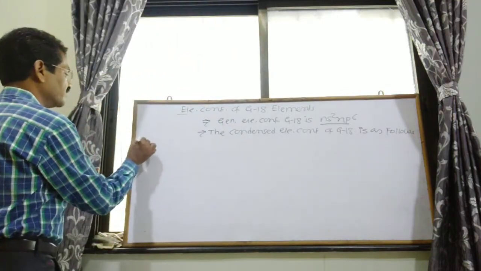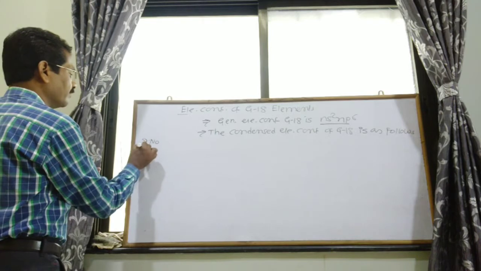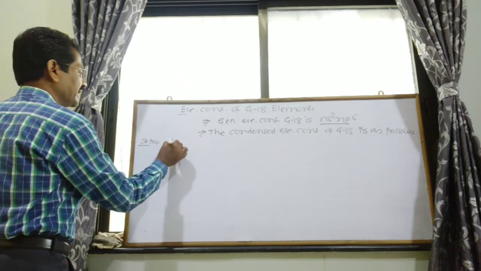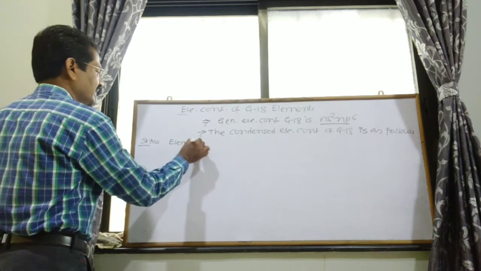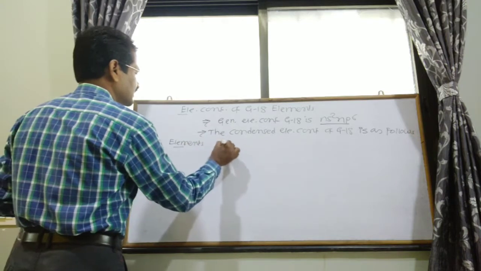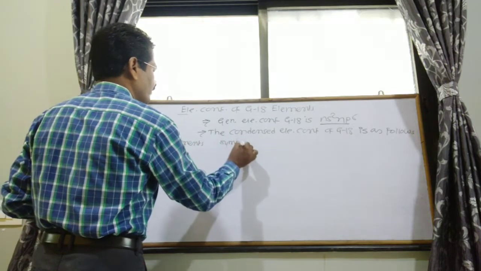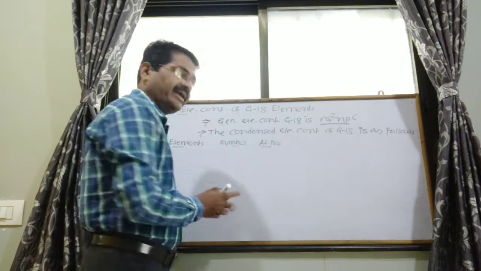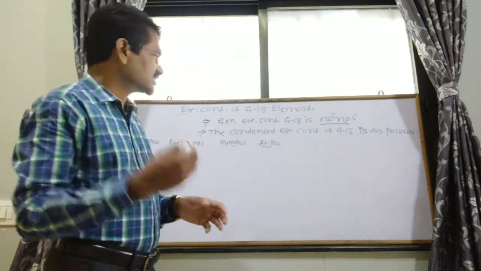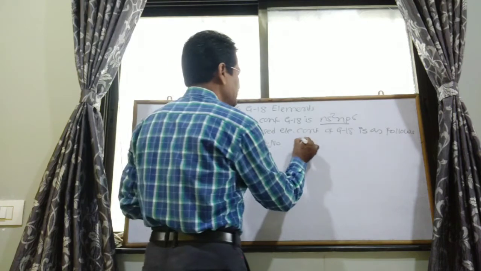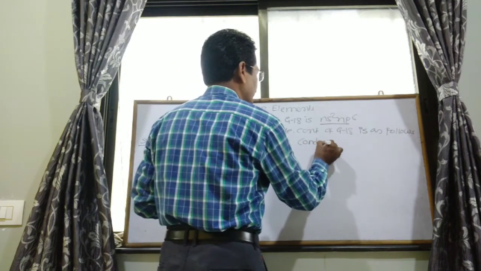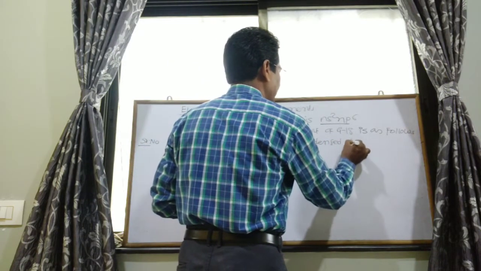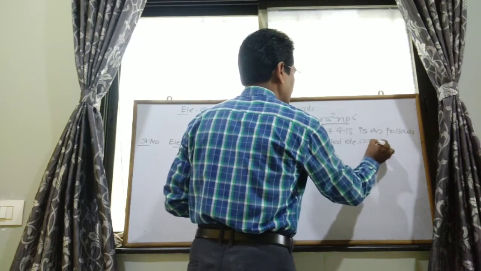For that purpose, first of all, see the serial number, then the name of the element, then the symbol, then the atomic number of that element, and last, the condensed electronic configuration.